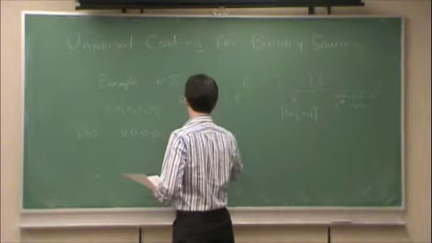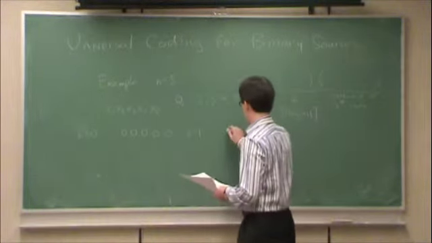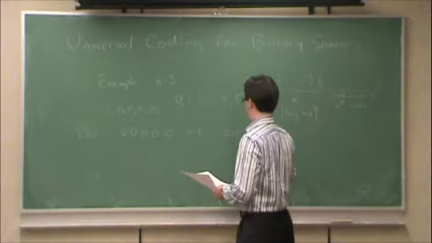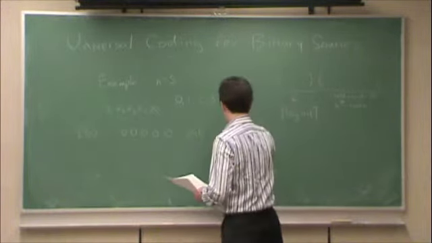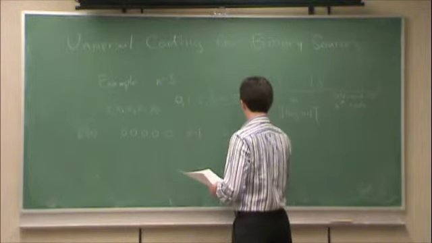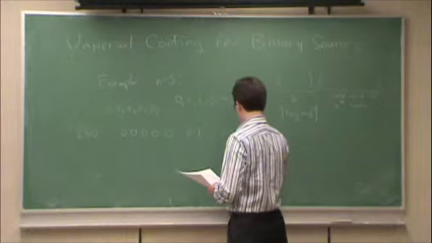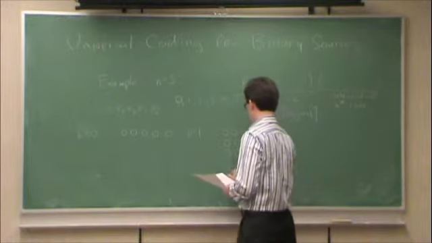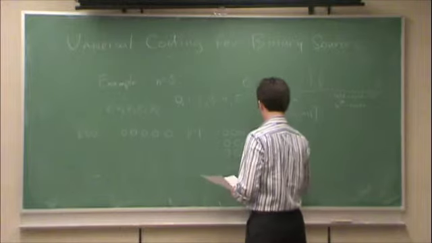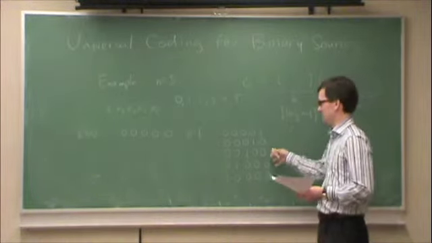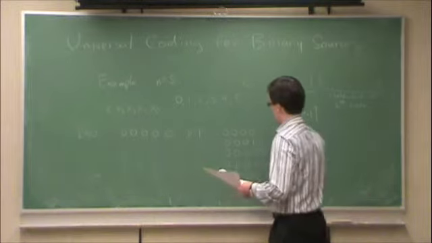K equals 1. What are the possible code words? I have 1 in the x5 position, 1 in the x4 position, 1 in the x3 position, the x2 position, or the x1 position. Those are my 5 possible source sequences with k equals 1.